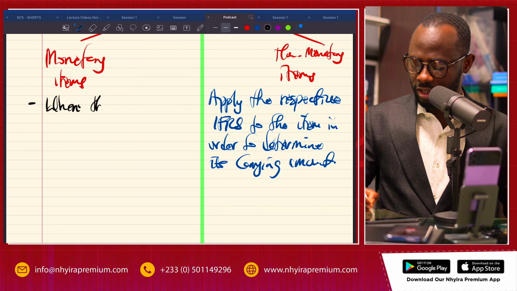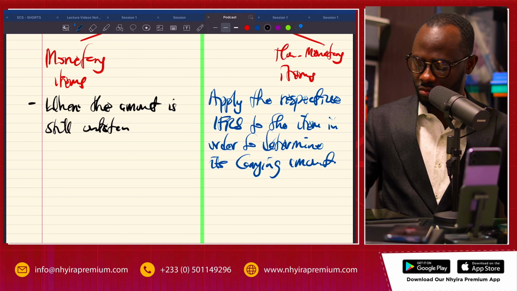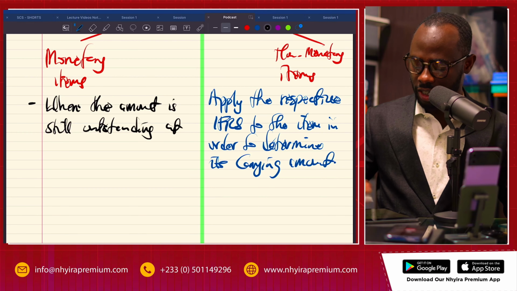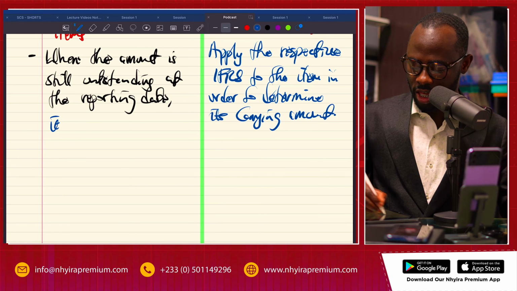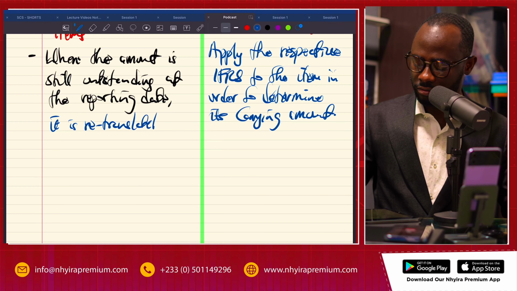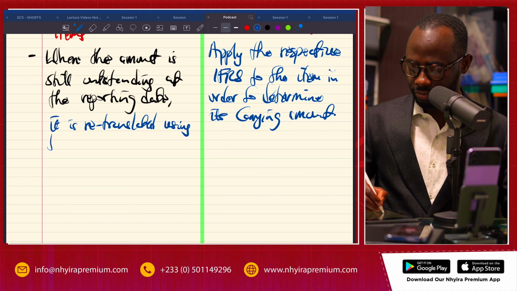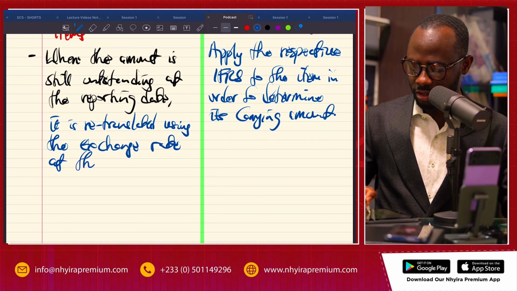So where the amount is still outstanding at the reporting date, it is retranslated using the exchange rate at the reporting date.